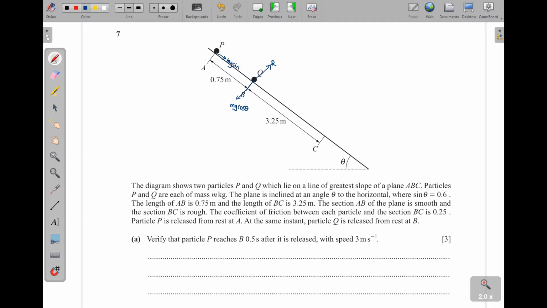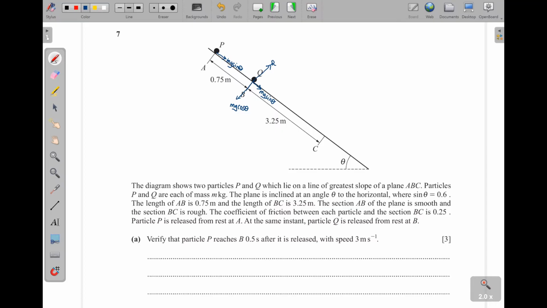And also here, we shall have mg sine theta for Q.